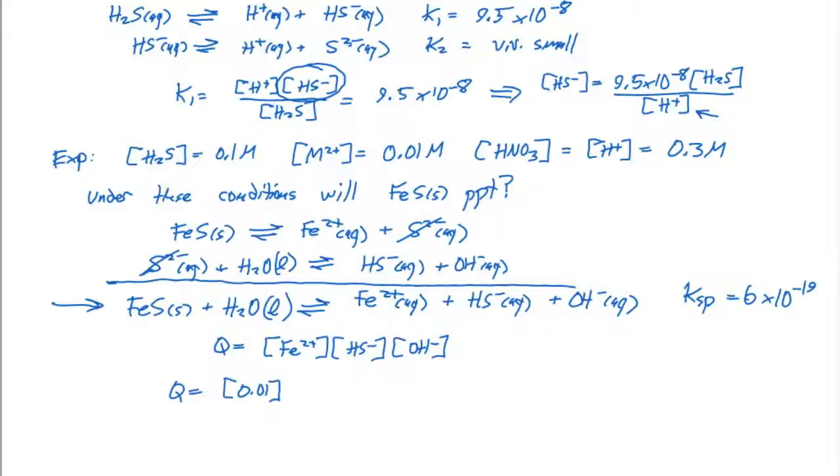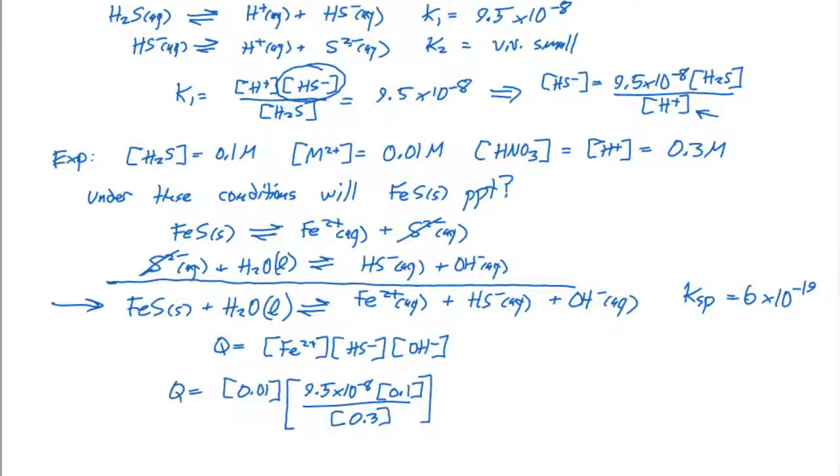The HS- concentration is going to be 9.5 times 10 to the minus 8 times the concentration of H2S, which in this case is 0.1, divided by the H+ concentration. In this case, we're using 0.3 molar nitric acid. Nitric acid is a strong acid, so this is going to be 0.3 molar for the concentration of our H+.